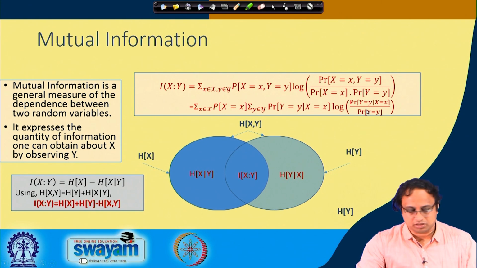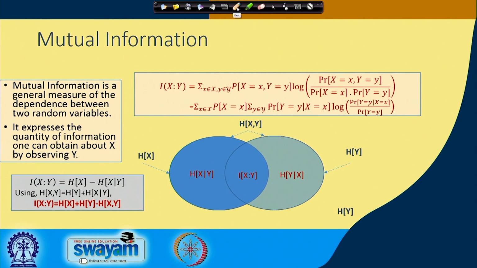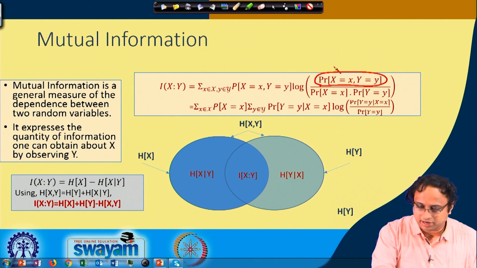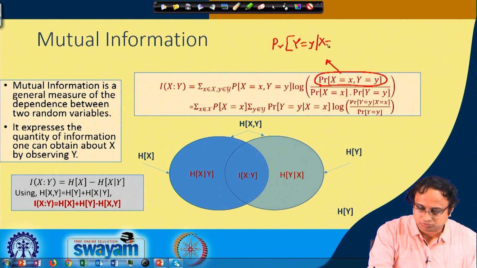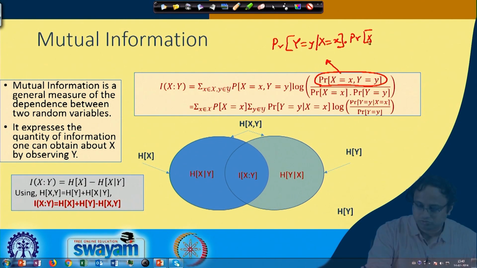If you want to elaborate this part, you can write it as the probability of Y equal to small y given X equal to small x, multiplied with the probability of X equal to small x.